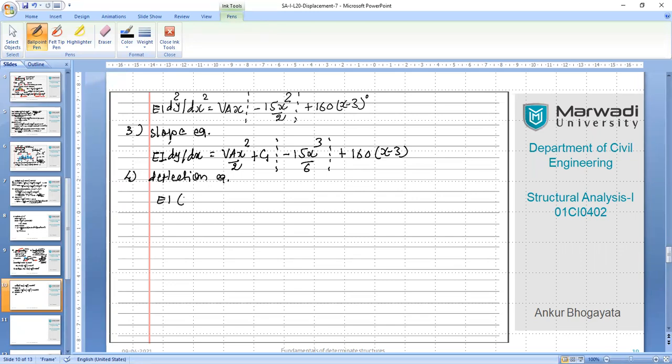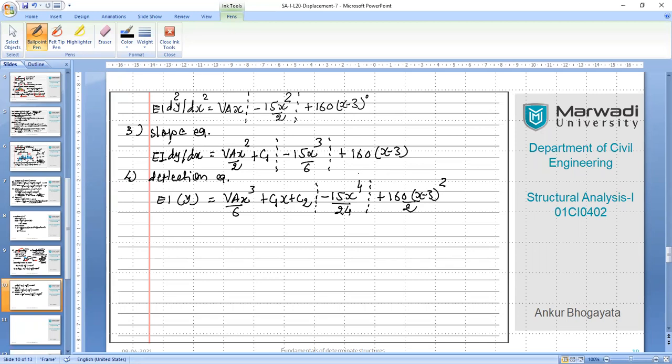EI into y equals VA x cube upon 6 plus C1 x plus C2, then minus 15 into x raised to 4 upon 24, plus 160 x minus 3 square by 2. So that is what we have in our hand at the end of this process.